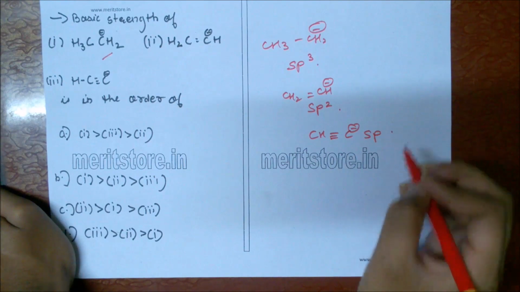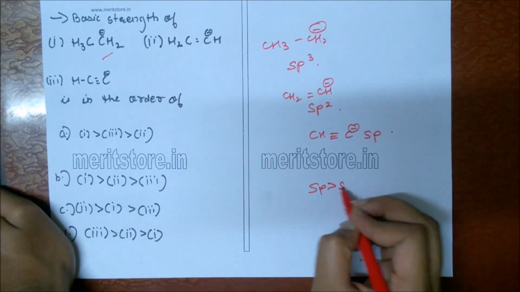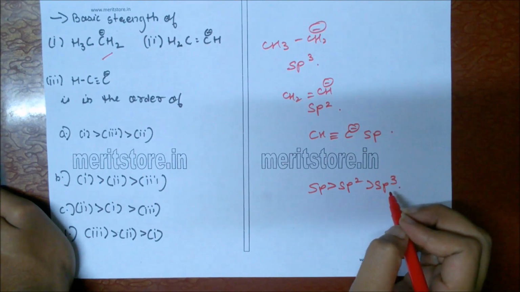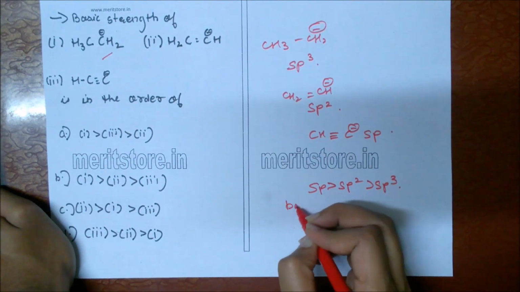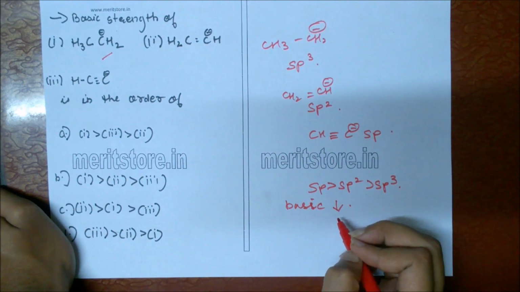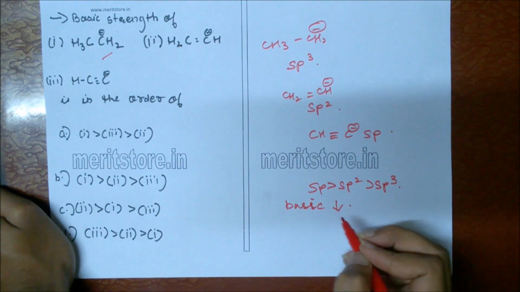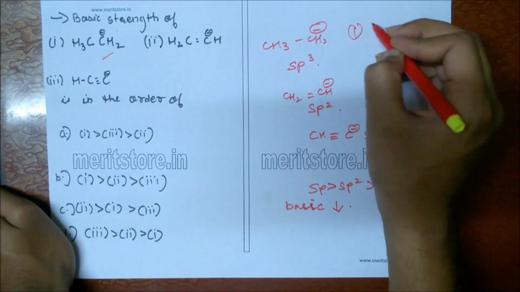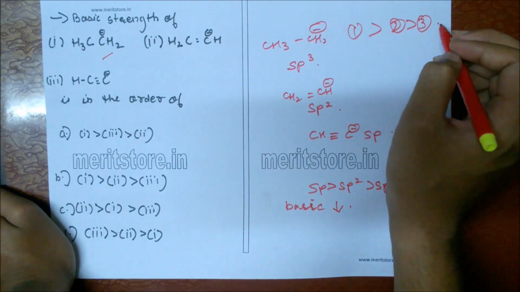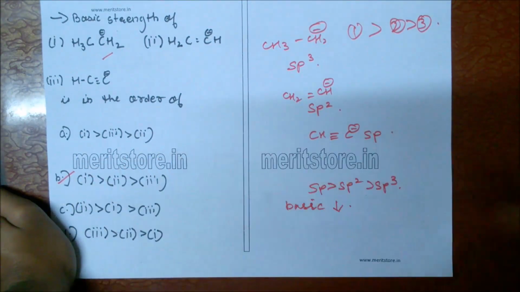Order of electronegativity is sp, then sp2, then sp3. On increasing electronegativity, basic strength decreases. Hence the order is first, then second, then third. So option B is the correct answer.